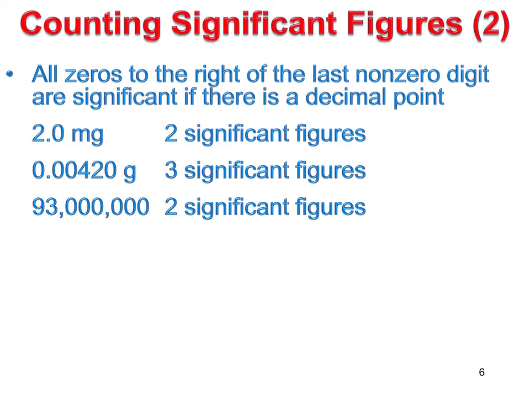In order to do that, we would have to change this number from the standard form to scientific notation. In order to designate 93 million with a different level of significance, let's say 3 or 4 significant figures, we'd have to change the number to scientific notation.